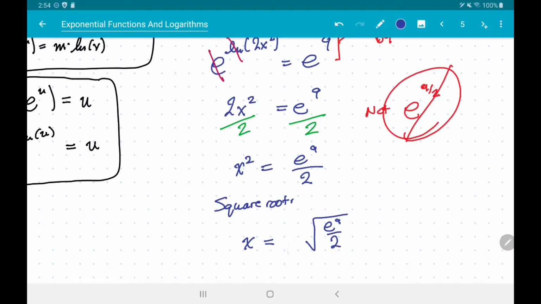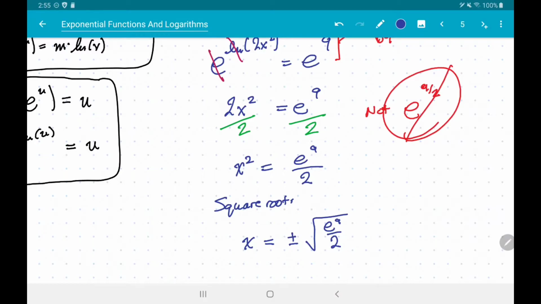Remember that when you do the square root, that gives you the principal square root, the positive number that solves x squared equals this thing under the square root symbol. There are actually two possible solutions, one of which is the plus root, one of which is the minus root. So you've got to remember that.